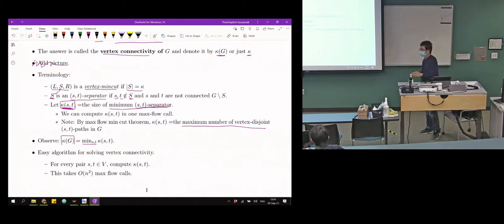From this it's clear that you can compute vertex connectivity using n square max flows: take all pairs of vertices, compute kappa ST, and take the minimum. That's your answer. So that's an easy algorithm, and obviously we want to ask how much faster we can do.